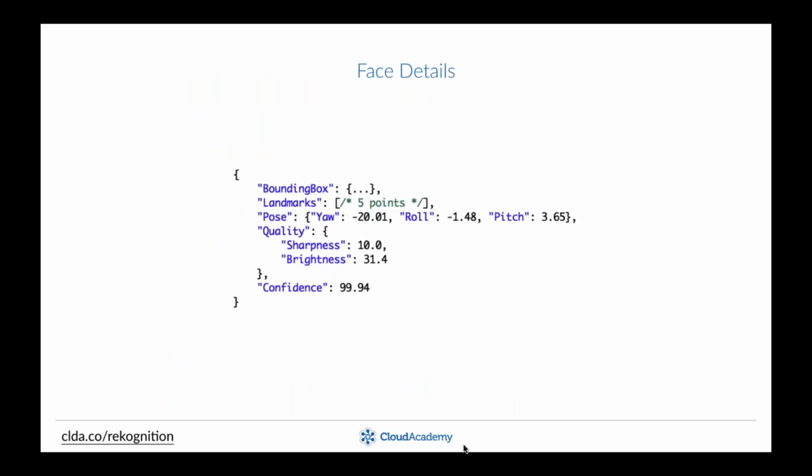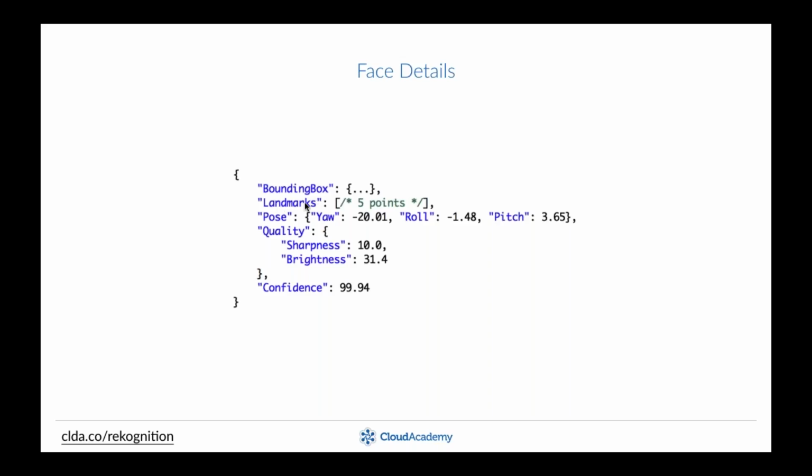So let's see what it means in a few more seconds. I wanted to show you what the API looks like and what a face looks like as far as the API is concerned. So what kind of structure is returned? Well, for each face detected with the basic landmarks detection, you will get a bounding box, which is basically the XY position and the coordinates of the box that contains your face.